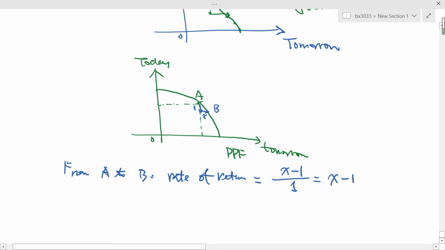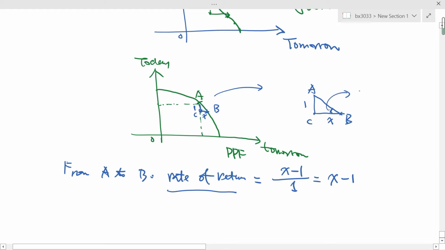Okay, I'm going to zoom out on this. So this is A, this is B, and I'm going to call this C, and this is 1, this is X. You want to recognize that this X is actually embodied in the slope of this.